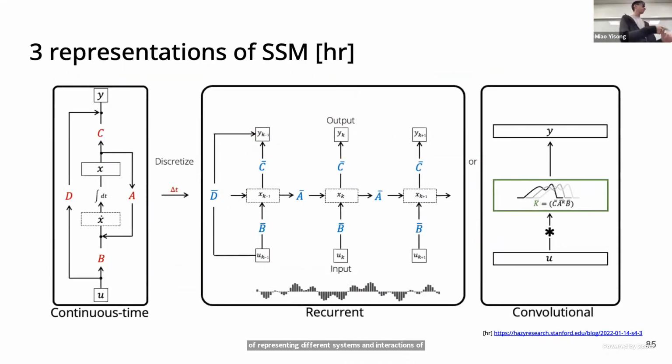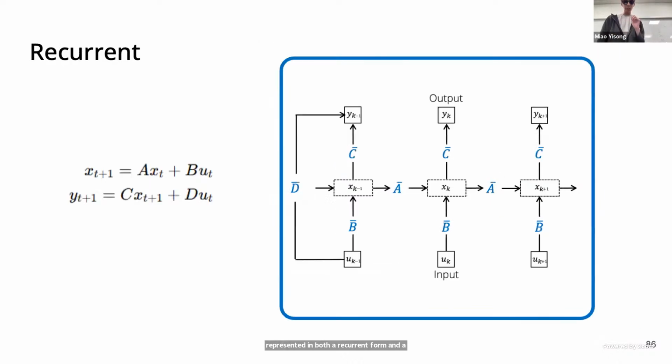And the reason why we use this in natural language, in LLMs, and in neural networks, is that there are three different representations of a state space model. The first one is the continuous time representation, which is the equation that I just showed you. But this continuous time equation can be represented in both a recurrent form and in a convolutional form, which is really cool, because the recurrent form allows decoding.